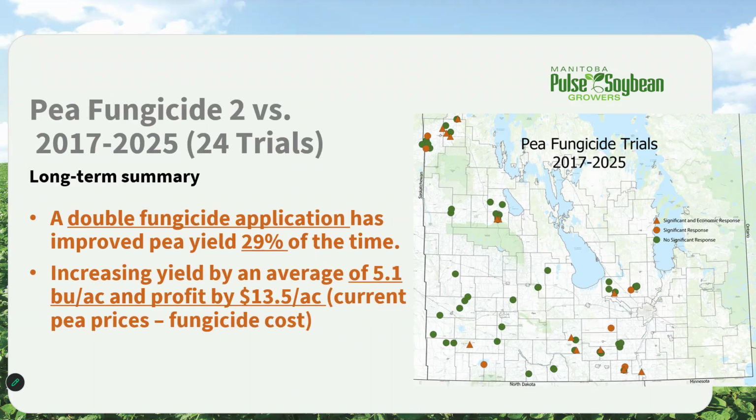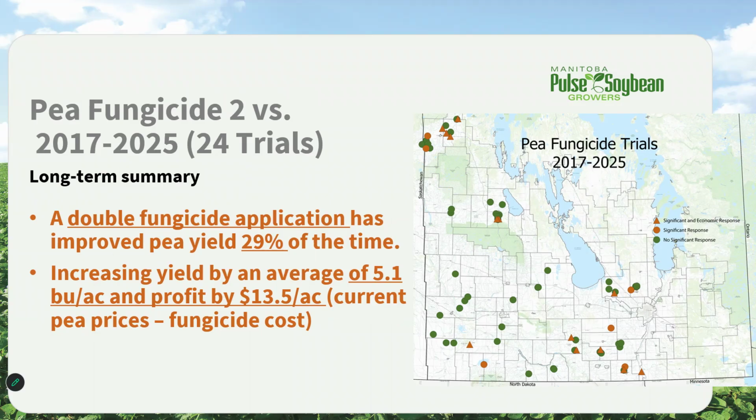And then for the double versus single fungicide application trials long-term results, we've looked at 24 trials from 2017 to 2025, and 29% of the time a double foliar fungicide application has been significant and economical.